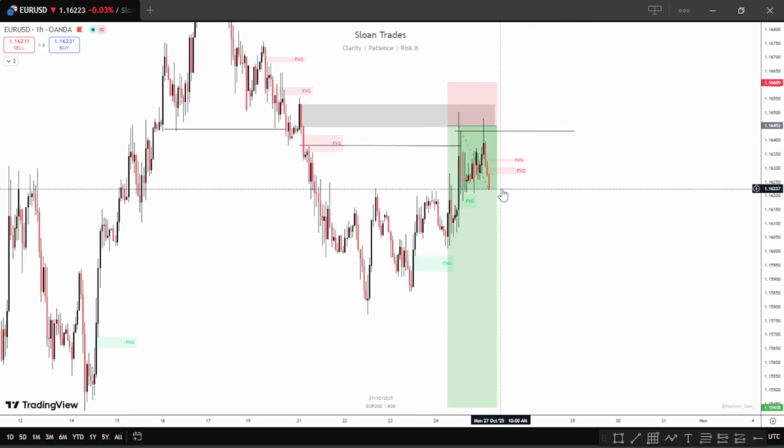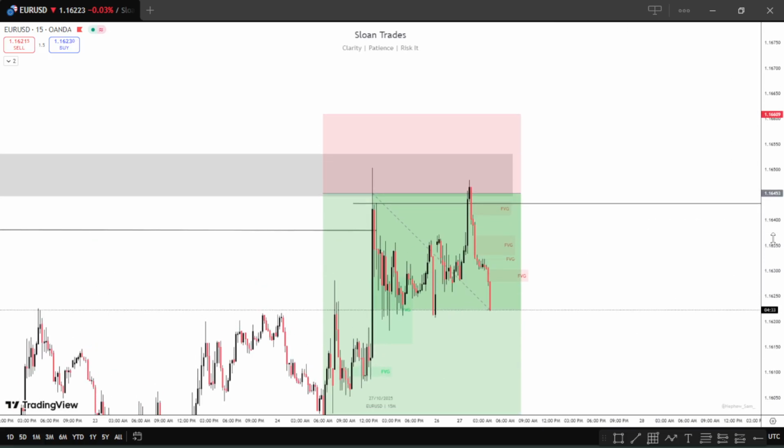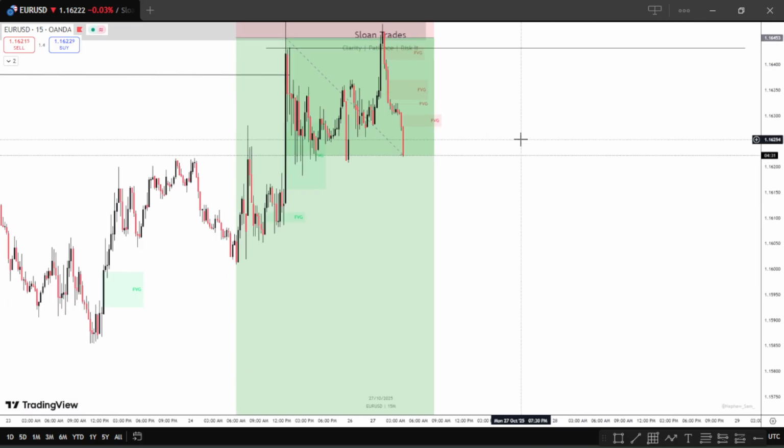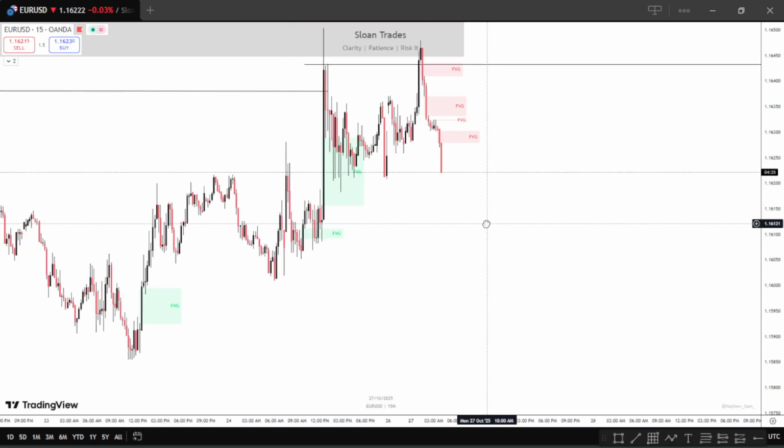Progressively now, let's say for example you could not catch this particular entry. You can go down to the 15 minute time frame, and there you wait for a break of structure. This was the last low on this particular move.